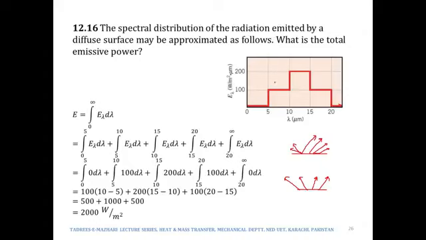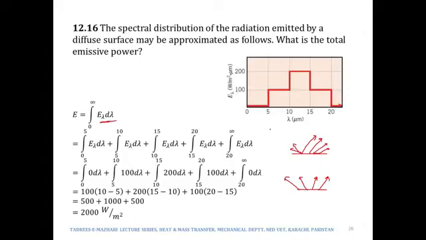So we are given the chart for spectral emissive power with respect to wavelength, and we need to find the total emissive power. The total emissive power, as we have seen before, is the integral of E lambda with respect to lambda over the entire wavelength band, meaning 0 to infinity. So what is this curve telling us?